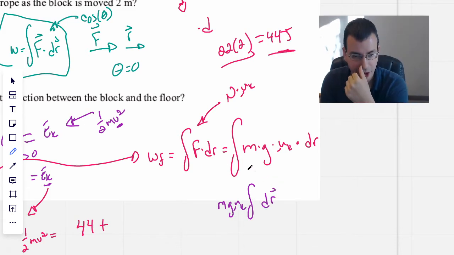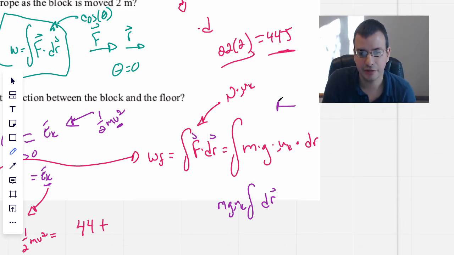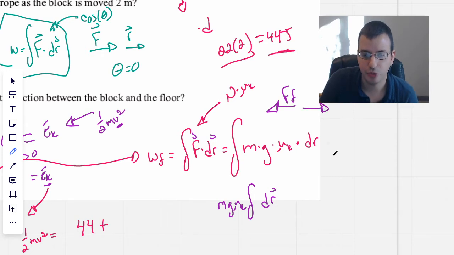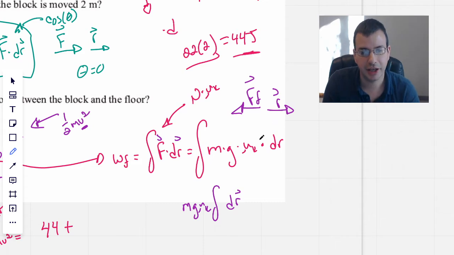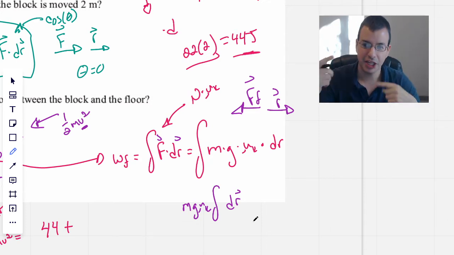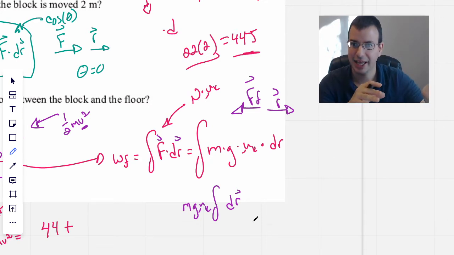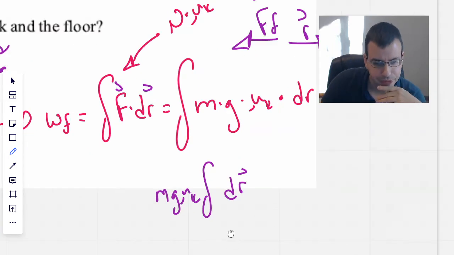Now, one of the things to note here is the force in this case, force of friction, is going this way. We have motion going this direction, make a little r, make a little vector thing. They're in opposite directions, so it's going to be negative. So I'm going to basically throw the signs out and then just put them back in at the right place in the end. That way, it's more intuitive, less formal.